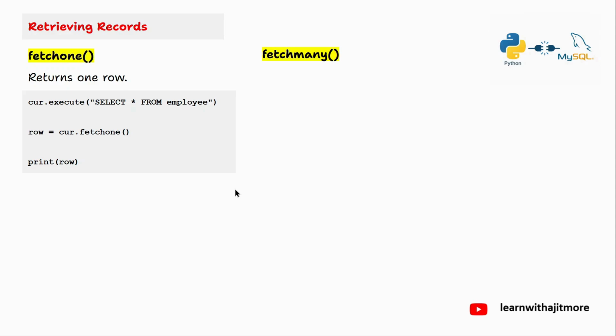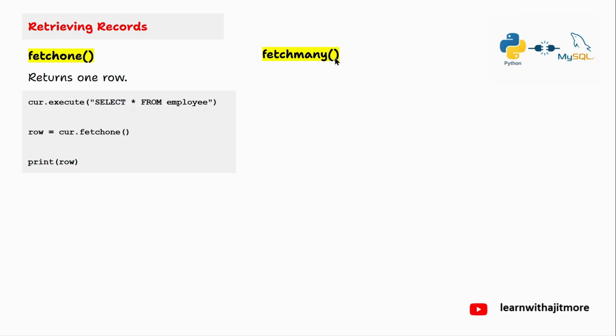Then we have fetchmany also. What it does is it is going to fetch at a time as many records as the number you give it. Like fetchmany(5). So at a time 5 records it will fetch and give you a list of those 5 records. Actually, it is going to be a list of tuples, and each tuple will represent one record.